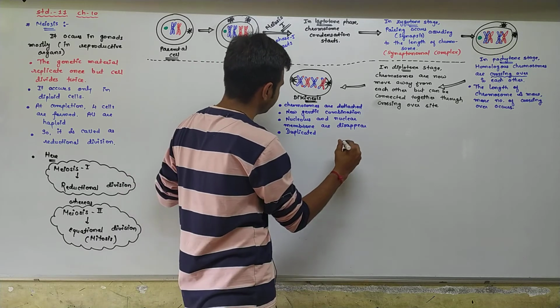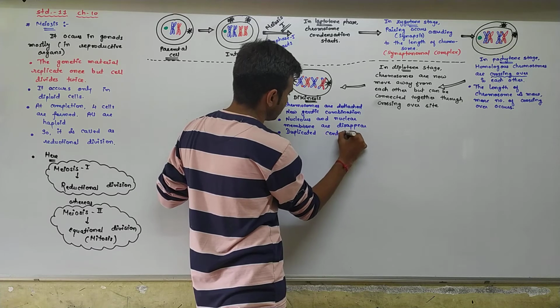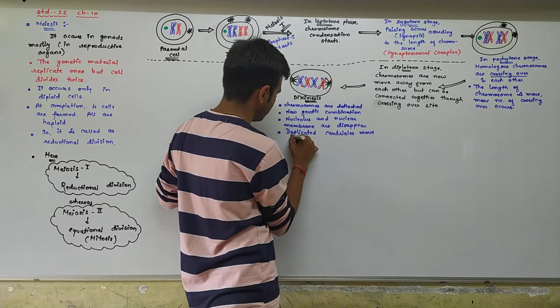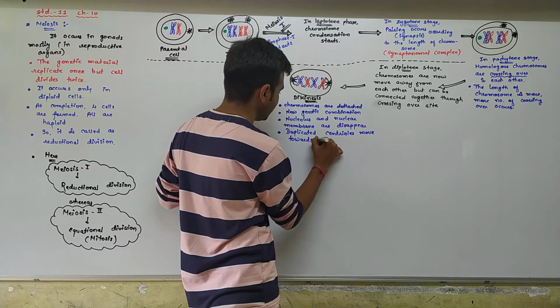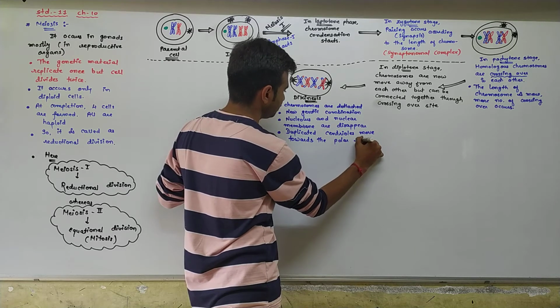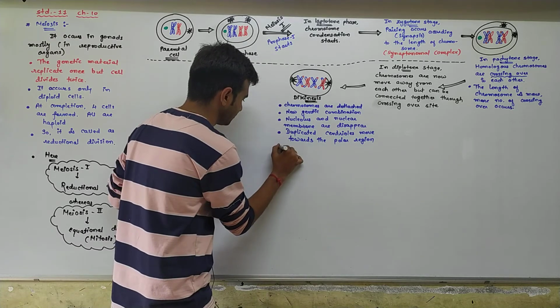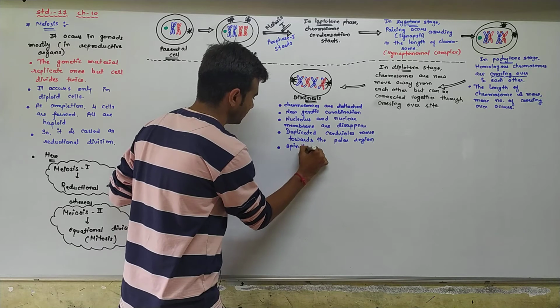Duplicated centrioles move towards the polar region. Spindle fibers are formed.